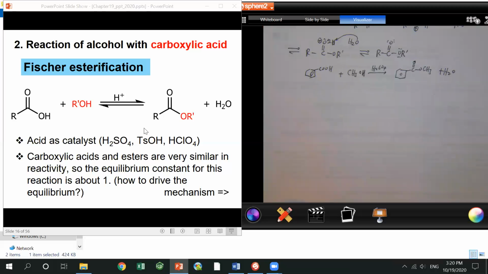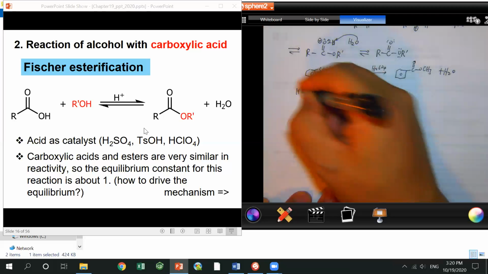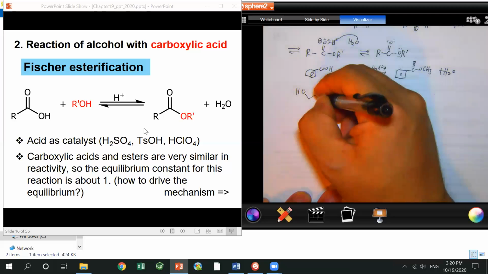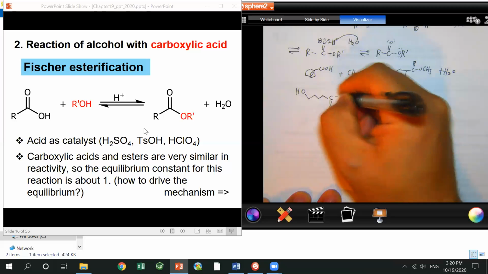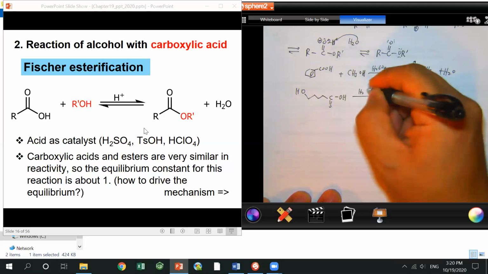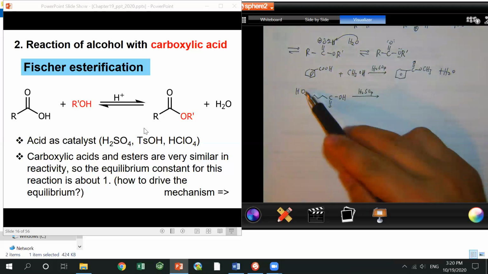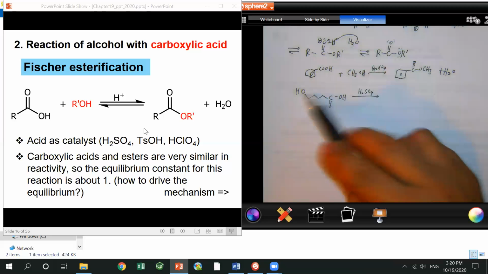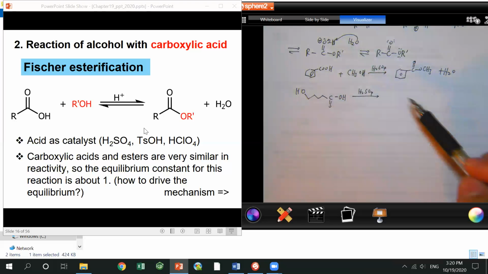Right. And then the second one is actually more interesting, an intramolecular ester formation, okay. Right. Remember I said whenever you see a long carbon chain linking two functional groups, that means normally we call it an intramolecular reaction, okay.